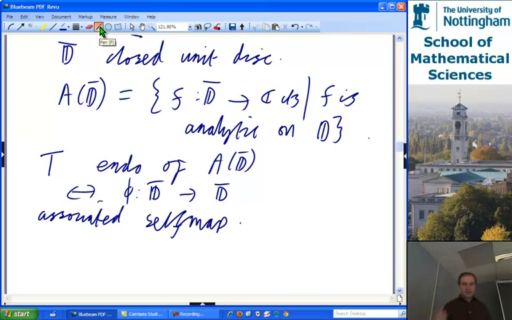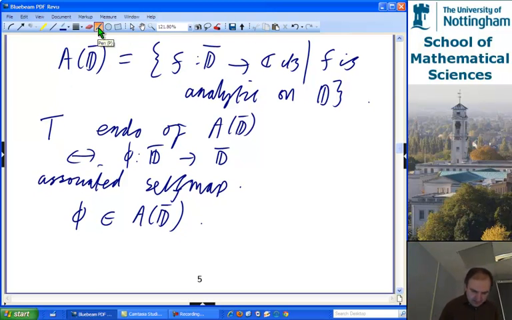And of course, you need phi to be a self-map, but it's also got to be in the disk algebra. So phi itself is continuous on the closed disk and analytic on the interior, and all of those do give you endomorphisms. So these are precisely the ones that do give you endomorphisms as well.